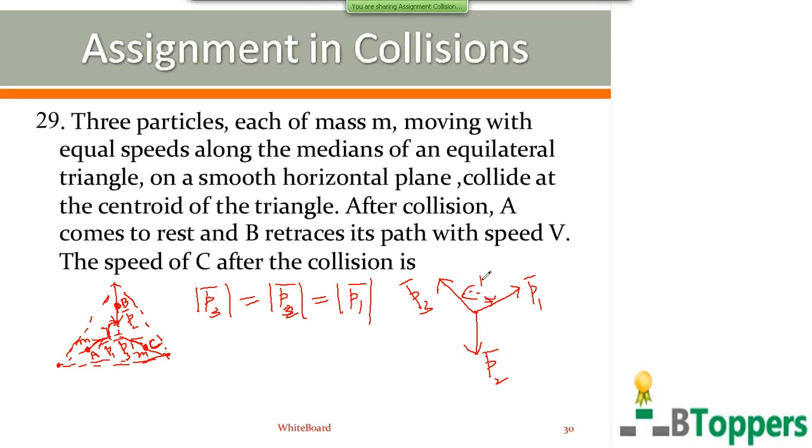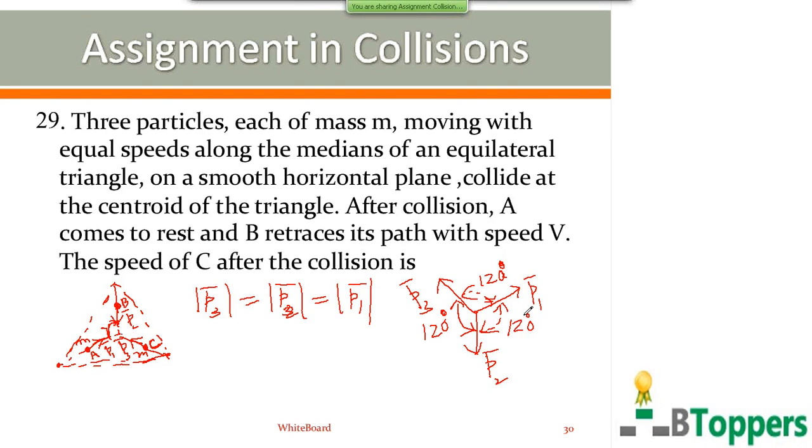So the angle between any two of the three vectors shown in the figure is 120 degrees. So the three momentum vectors have the same magnitude and they are inclined to each other at an angle of 120 degrees.